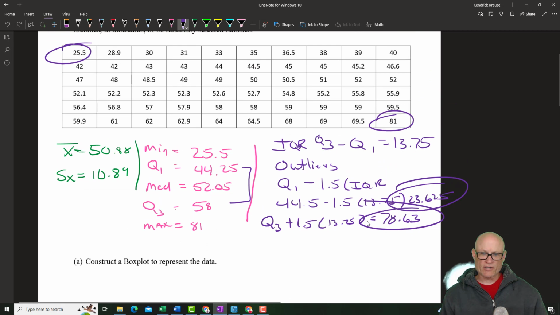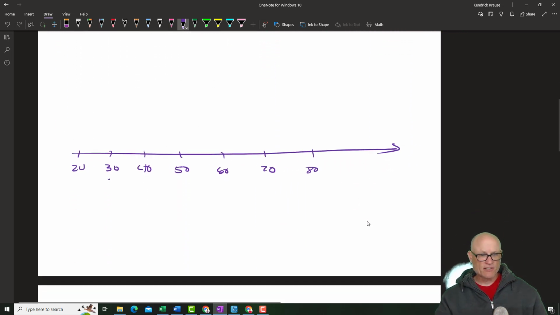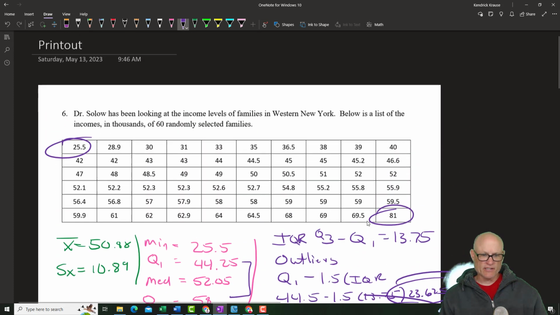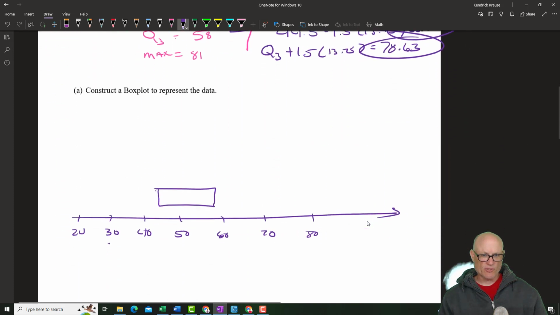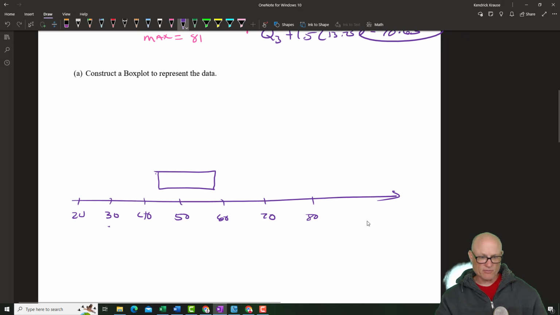The Q1 and Q3 give me my box. So that's 44.25 and 58. So 44.25 up to 58 is my box. My median is 52.05, so that turns out to be almost in the middle. Max is 81.